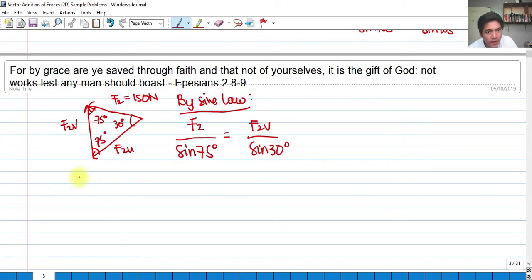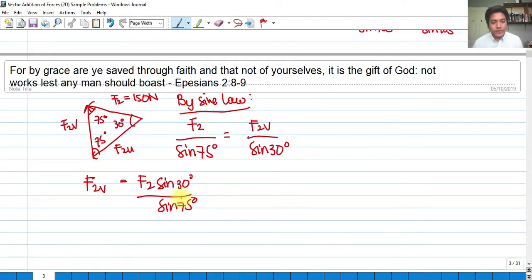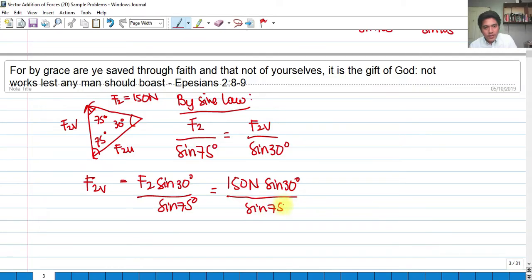So F2V turns out to be F2 sine of 30 degrees over sine of 75 degrees. Substituting, F2 is 150 newtons, sine 30 degrees over sine 75 degrees. That should be 77.6 newtons or 78 newtons.